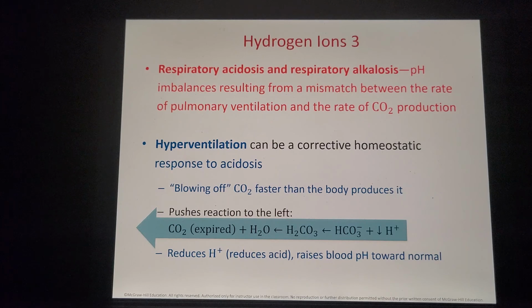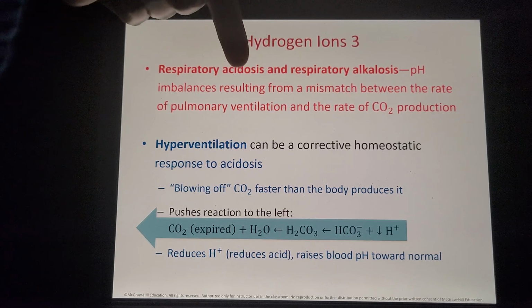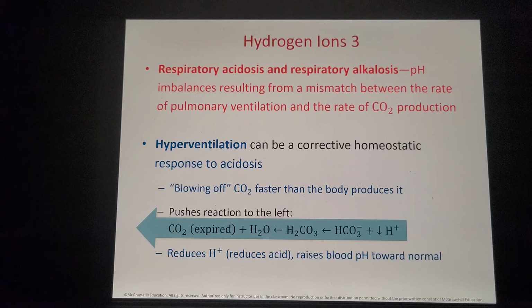So one way that we can change our body's pH is by changing our breathing rate. So if the problem is that you are not breathing off enough carbon dioxide or not holding on to it enough, you can affect this if your lungs are still working correctly and they're not the problem.